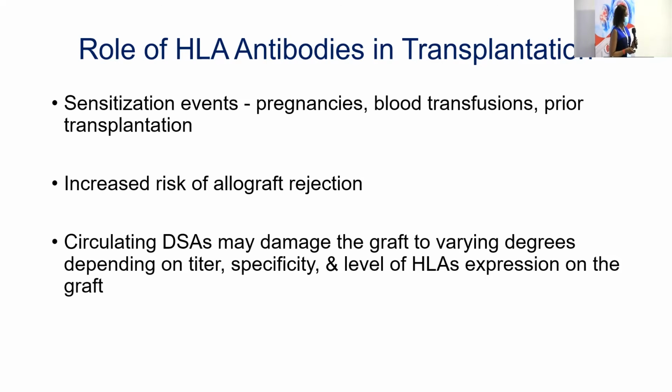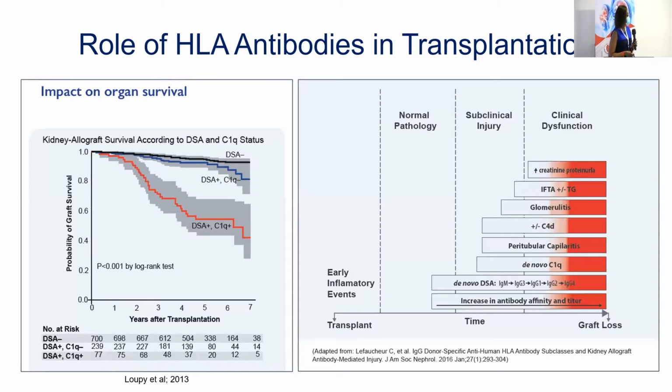And then the level of the HLA expression on the graft is also important. And this image is just to highlight the importance of the donor-specific antibodies, antibodies against the HLA on the donor, and the characteristics. For example, if it's a complement binding antibody, that portends an even more severe graft rejection reaction with markedly reduced lifespan of the graft.